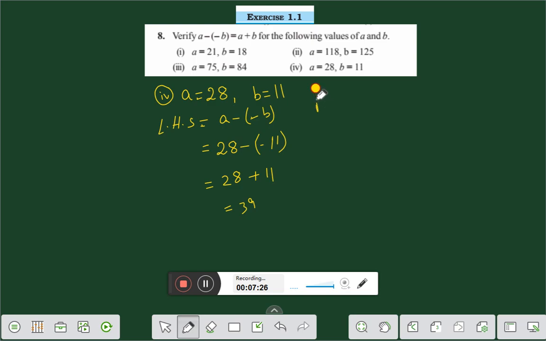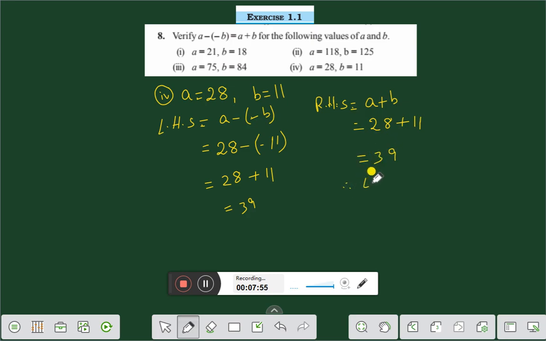Now RHS is equal to a plus b. Therefore the value of a is 28 and the value of b is 11. We add the numbers, we are getting 8 plus 1, 9, 2 plus 1, 3, 39.